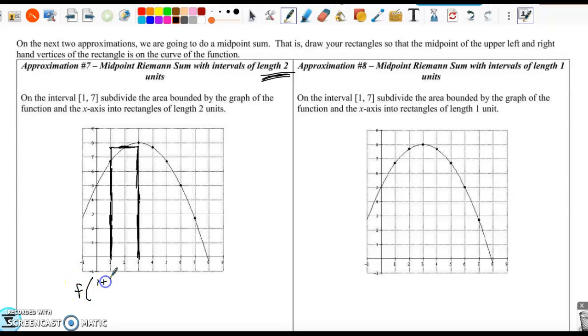If you want to, you could actually do the midpoint formula, and then times 2. And the same thing goes for the next one. The width is still 2, times f of the halfway point between 3 and 5, that y coordinate.